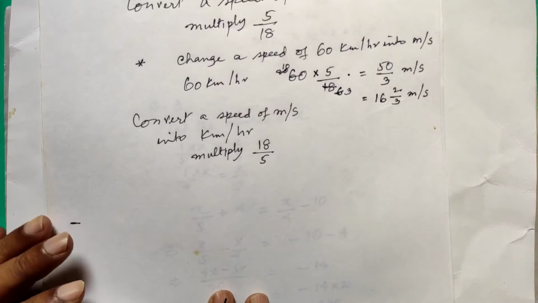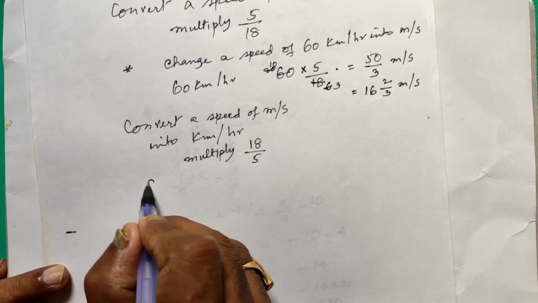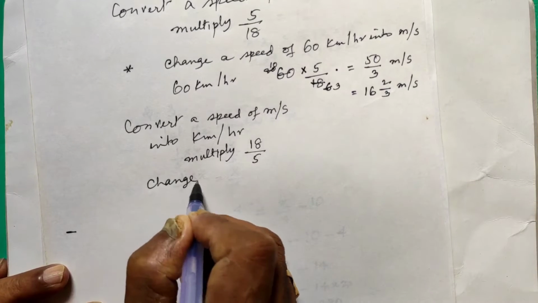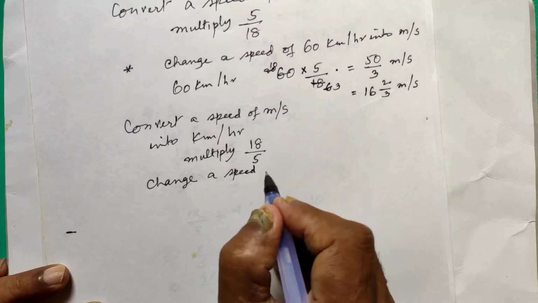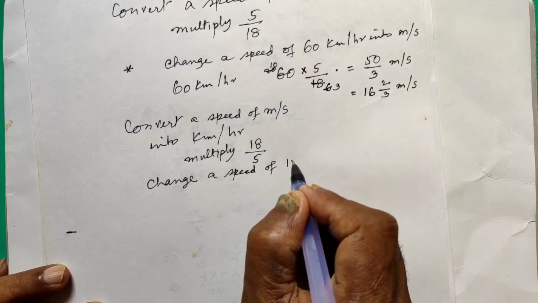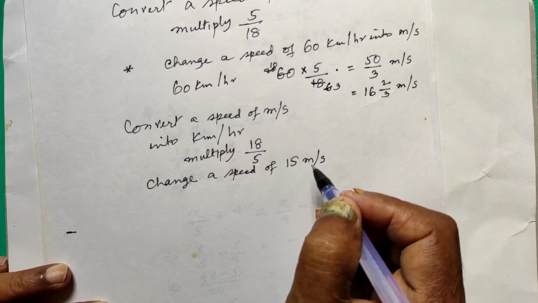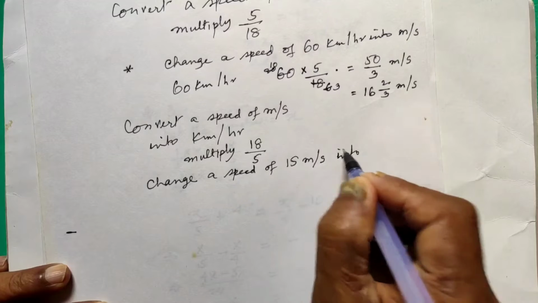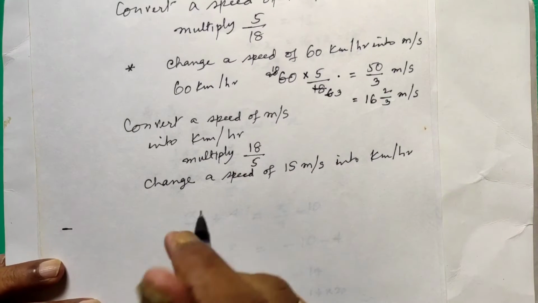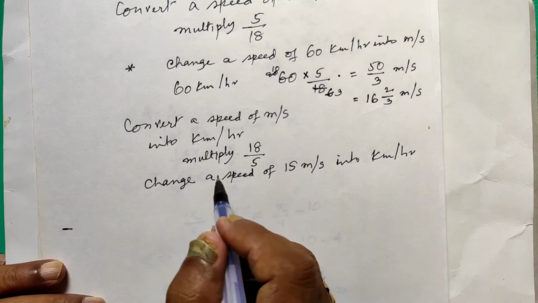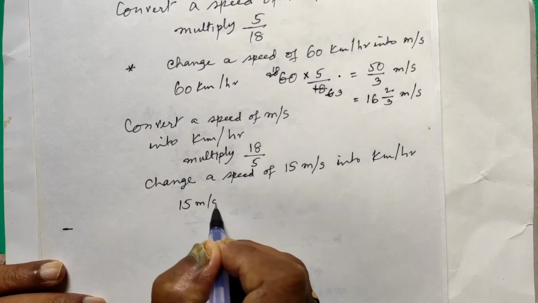So, let us take one example. Change a speed of 15 meter per second into kilometer per hour. So, let us do the conversion. Here, 15 meter per second.